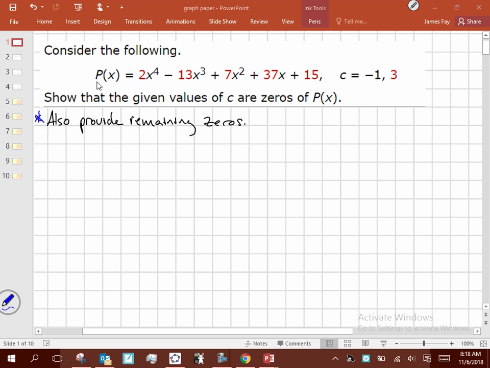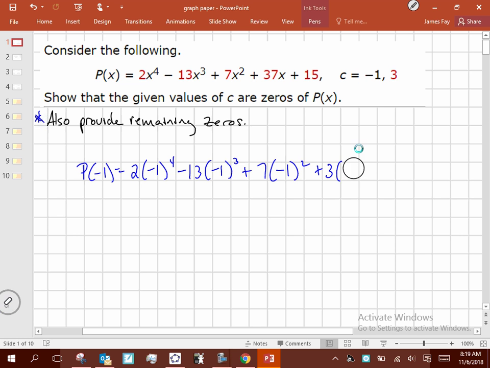Two ways of doing it. One is what we called the remainder theorem. Okay, and ultimately it meant that if I plug in this C value of negative 1, so P of negative 1 is equal to 2 times negative 1 to the fourth, minus 13 times negative 1 to the third, plus 7 times negative 1 squared, plus 37 times negative 1, plus then 15.